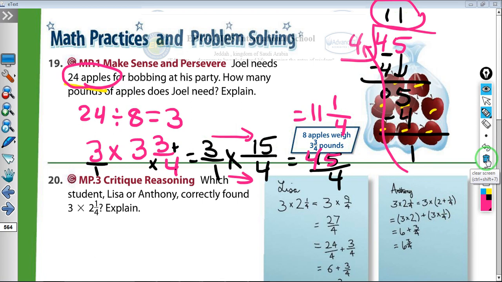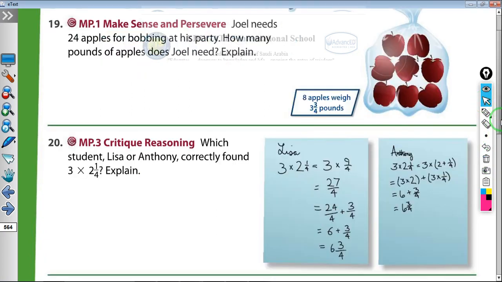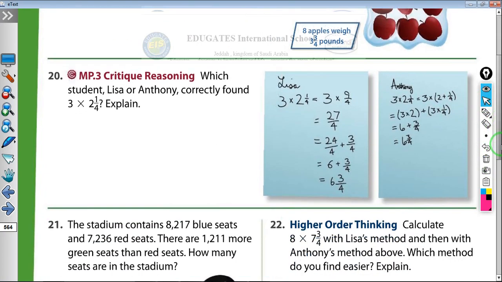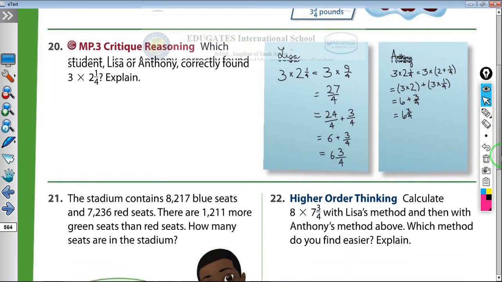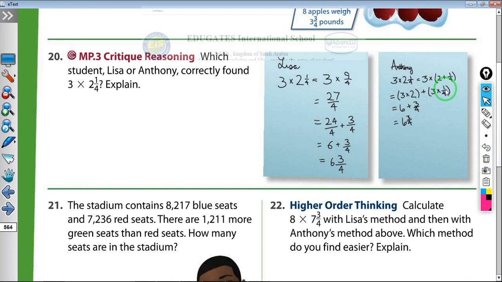I will go to the next question as we select some questions here. He said, which student, Lisa or Anthony, correctly found 3 times 2 and 1/4.